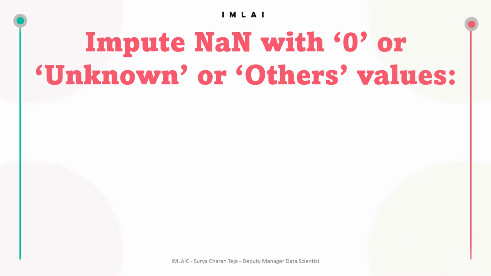Imputing nan missing values with specific values such as 0, unknown or others can also be considered as a form of data imputation technique. And of course, data imputation technique is also a method to handle the missing values. So these all come under data imputation techniques only.